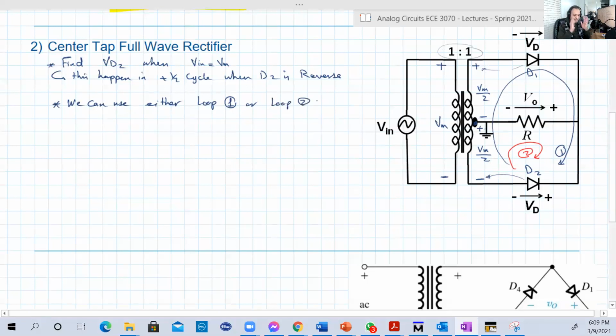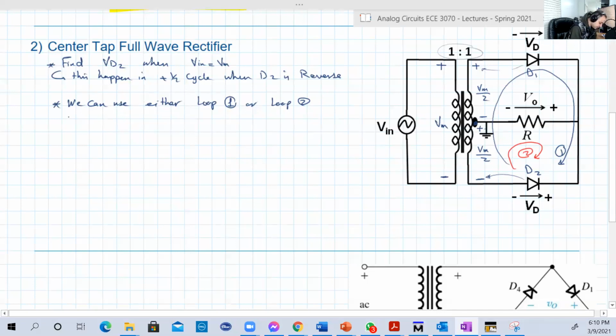Any loop that has D2 is good. So in loop 1, you're gonna use VD1, which is 0.7 at that time when we apply Vmax. Okay, and in VD2, if you use loop 2, you must determine V output when V input is equal to Vmax. Okay, and it will be Vmax over 2 minus 0.7.